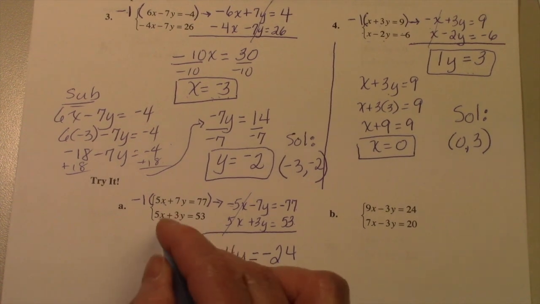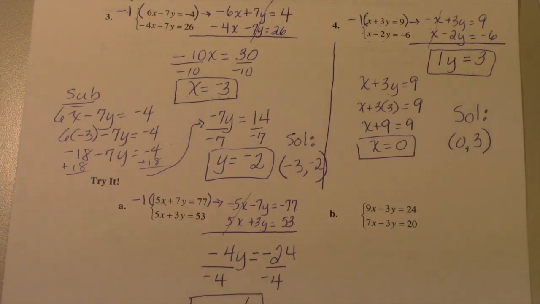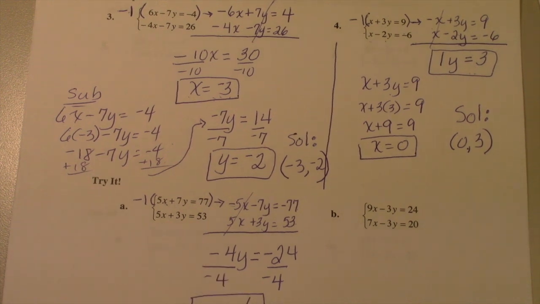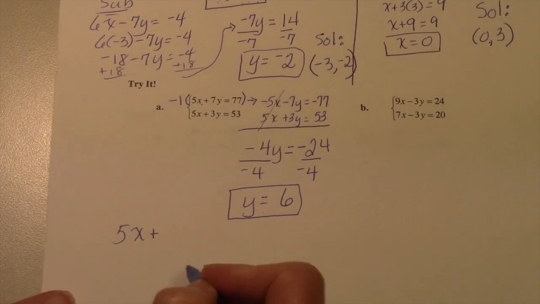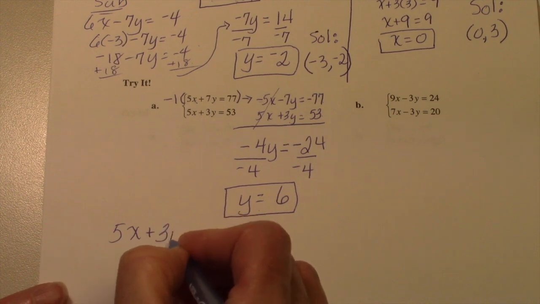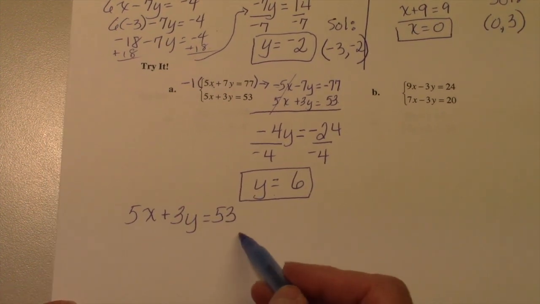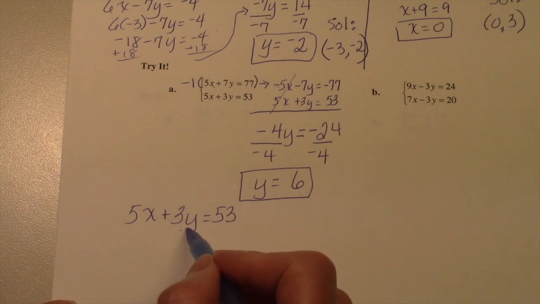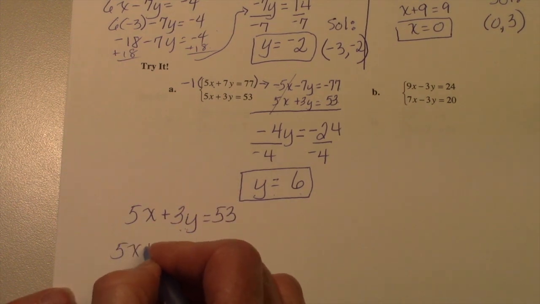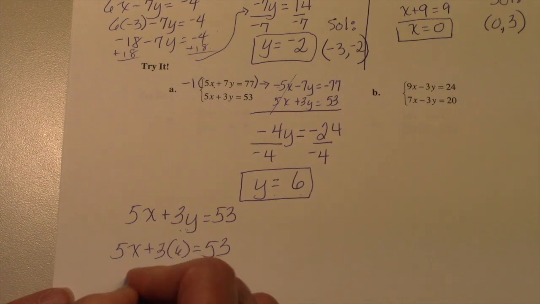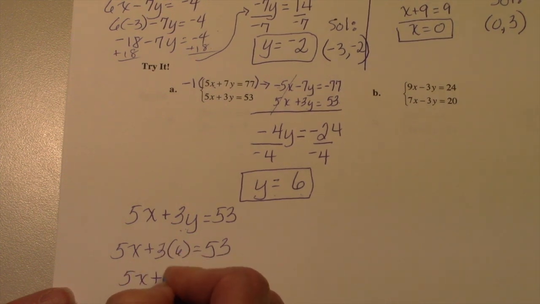So if y is 6, put it in either one. Whichever one. Let's do the bottom. 5x plus 3y equals 53. So if y is 6, I'm going to put it there. 5x plus 3 times 6 equals 53. 5x plus 18 equals 53.